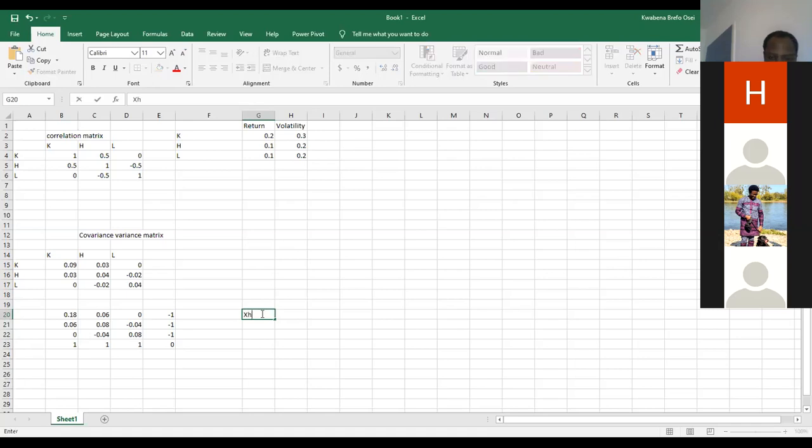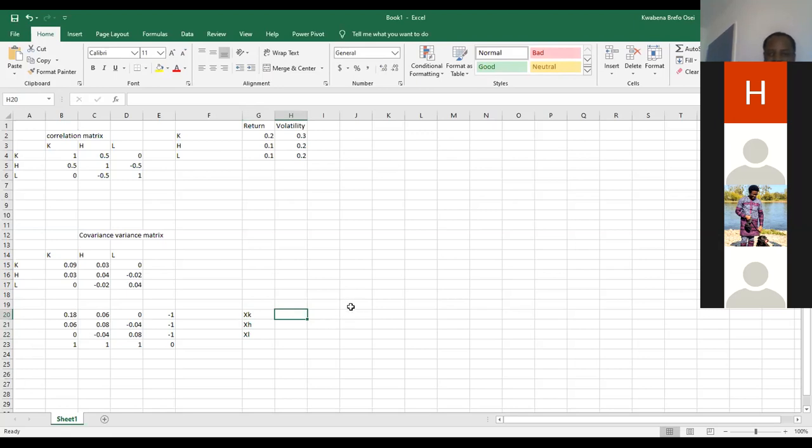So let me call this part X_K, X_H, and then X_L. So this is going to be the weight. I'm going to put it here.